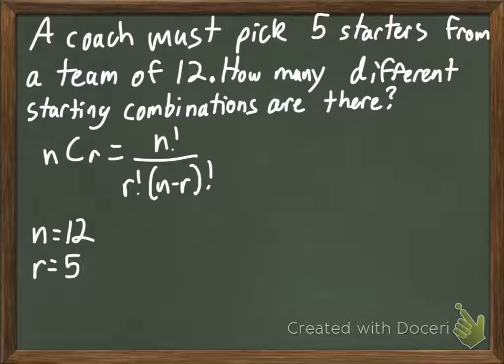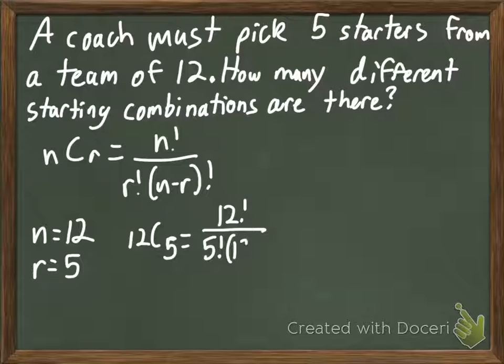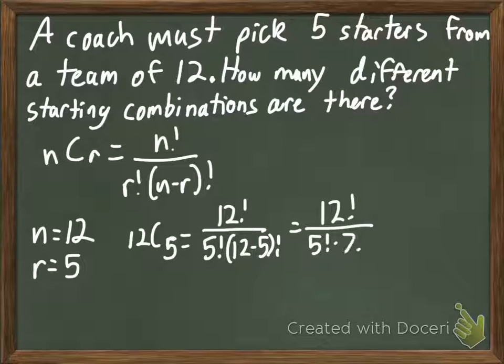So it is 12C5. So it's 12 factorial over 5 factorial times 12 minus 5 factorial. And that simplifies to 12 factorial over 5 factorial times 7 factorial.